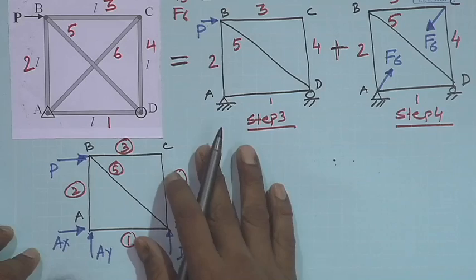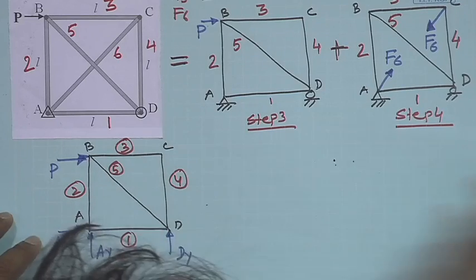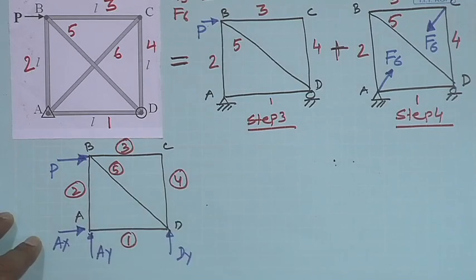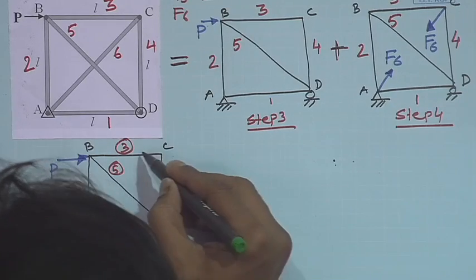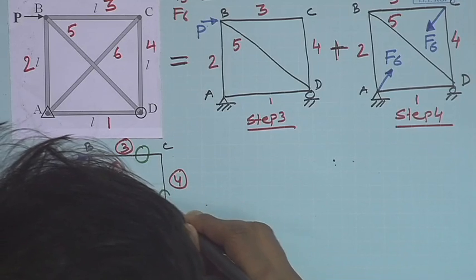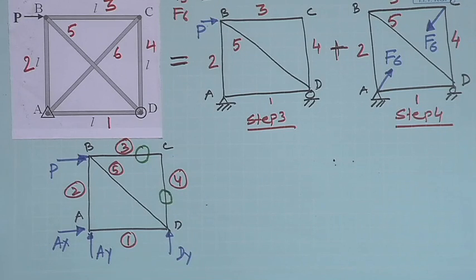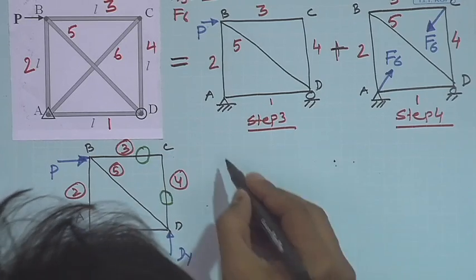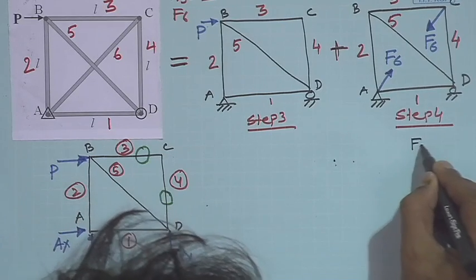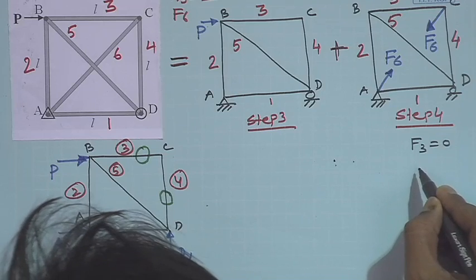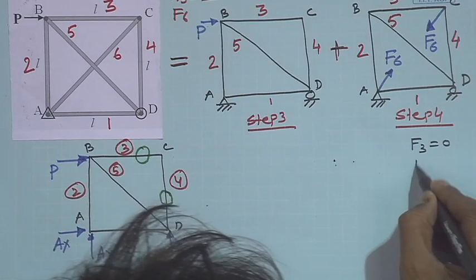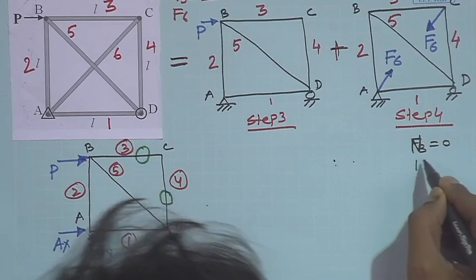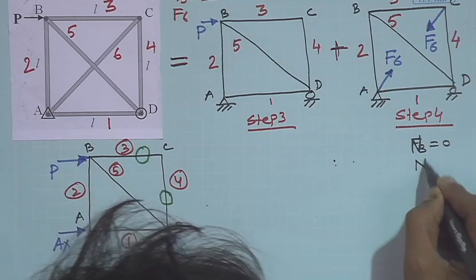Now, look at this truss. Just by looking at it, we can easily say that member BC, which is member 3, and member CD, member 4, are zero force members. So, N3 is 0 and N4 is equal to 0.